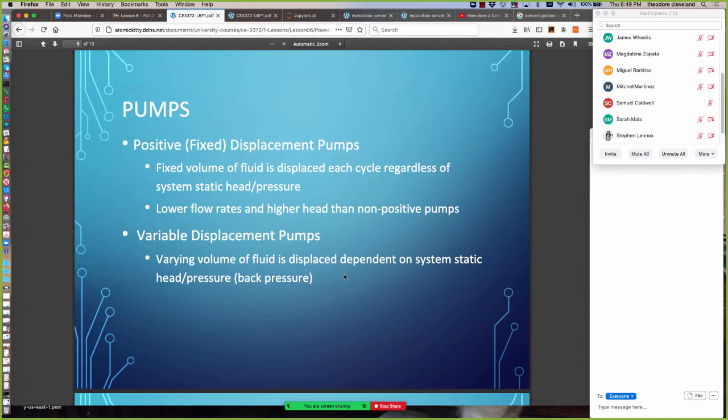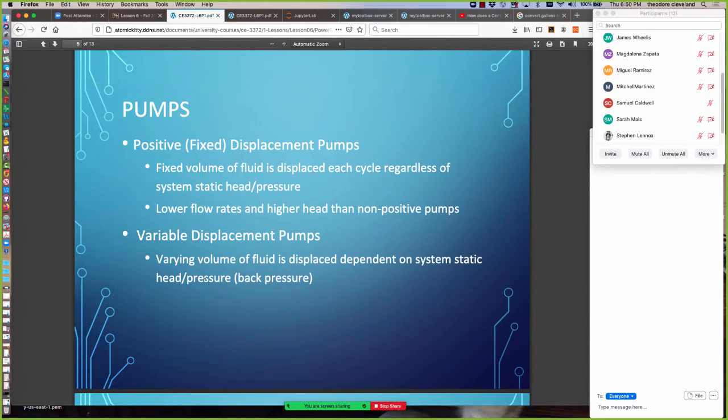The trade-off for that seemingly desirable situation tends to be lower flow rates, although it can produce much higher heads than a variable displacement pump. A variable displacement is exactly what its name sounds like. The volume of fluid displaced for each cycle of the pump, or each RPM, depends on the static head and pressure that it's operating into.